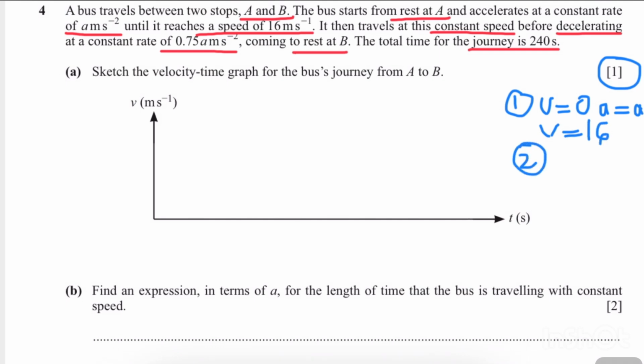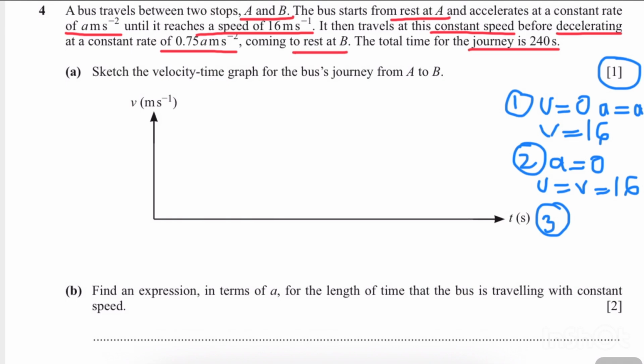Now for the second part, they are saying that it travels at a constant speed, meaning the acceleration is 0. It is still operating at a speed of 16, which means the final and initial velocity will remain the same, which is 16 as well. The time for both of these parts is not given, but the total time is given.